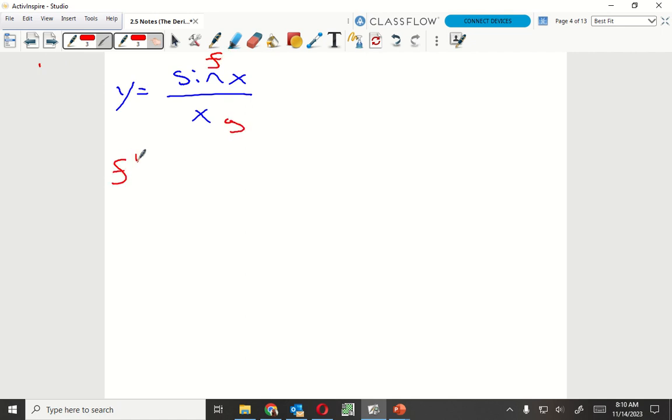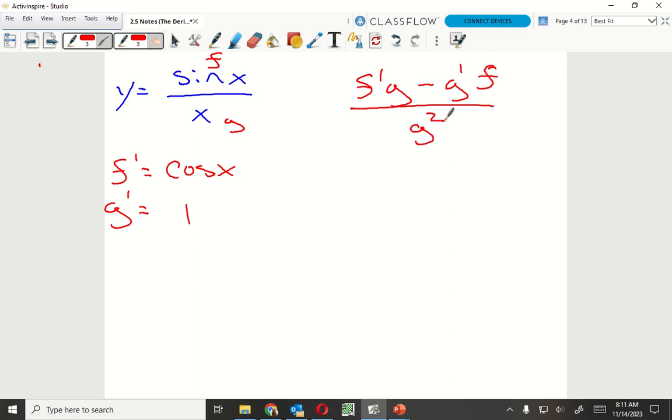So what's my f prime going to be? Cosine. And g prime is 1. Very good. All right, and quotient rule again is going to be f prime g minus g prime f over g squared.